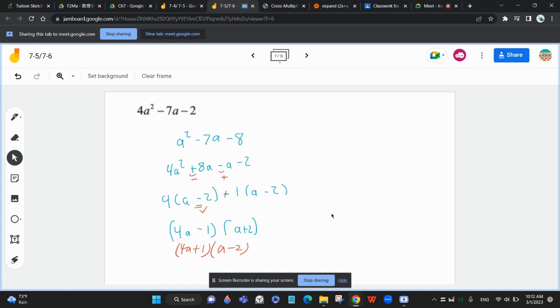And then for the other method we are using, the 4 you can factor out as 2a and 2a, or the other one is 4 and 1.